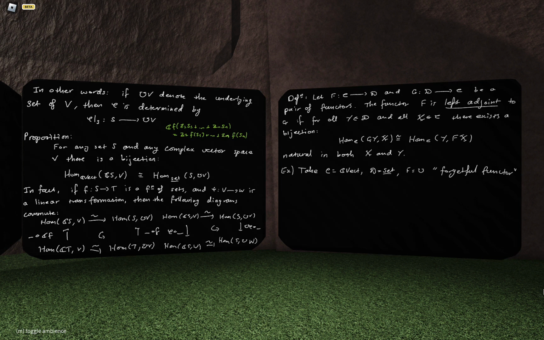So we start off with a complex vector space, V, and then we just forget that it's a vector space. We throw away the scalar multiplication and we throw away the addition, and we just take the underlying set. And then for the morphisms, which are linear, we just forget the fact that they're linear and take them as set-valued functions. And then we take G to be equal to C blank, which is the free functor.